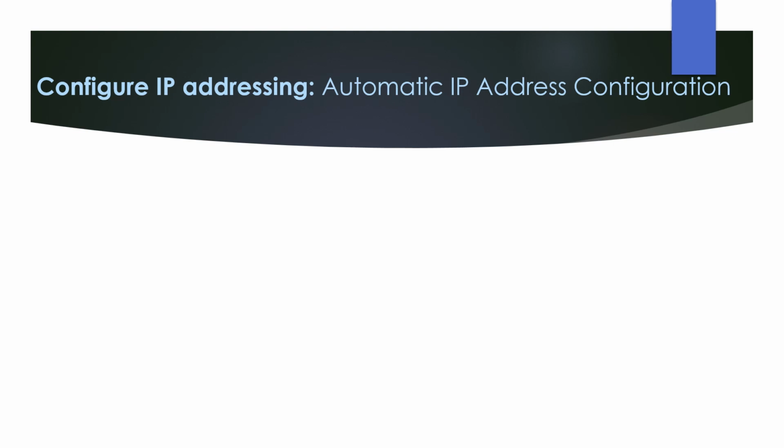In a network, DHCP enables automatic IPv4 address configuration for every end device that is DHCP enabled. What it means to be DHCP enabled is that it's configured to obtain an IP address automatically.